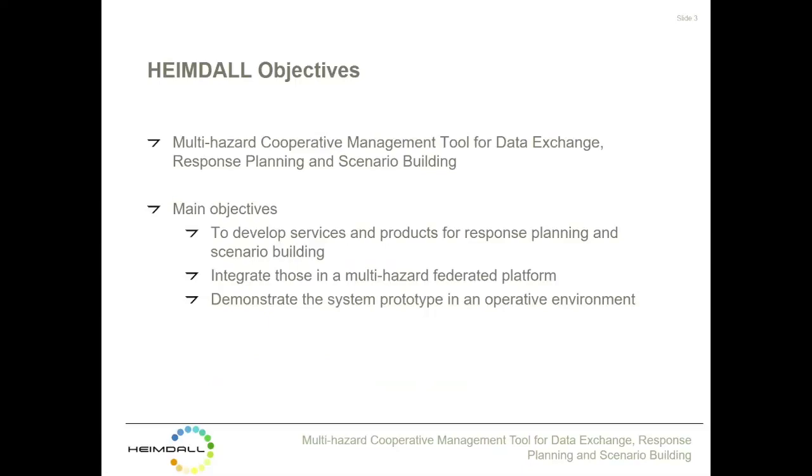But HEIMDALL goes far beyond that, and its tools will also be applicable for the rest of the phases of emergency management, like mitigation, prevention, response, and recovery. HEIMDALL will also integrate those tools in a series of technical tools in a multi-hazard federated platform. And the idea of HEIMDALL is to test the system prototype in a series of demonstrations and in a final operative demonstration with the collaboration of all end user partners in the consortium.